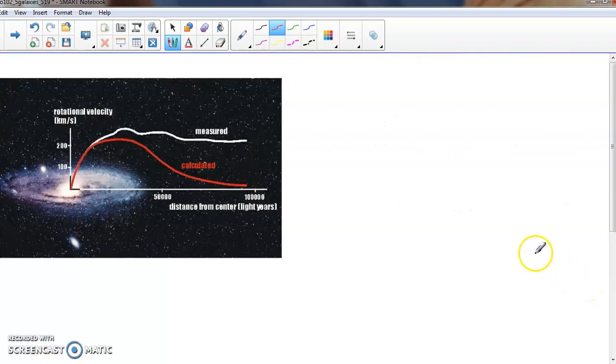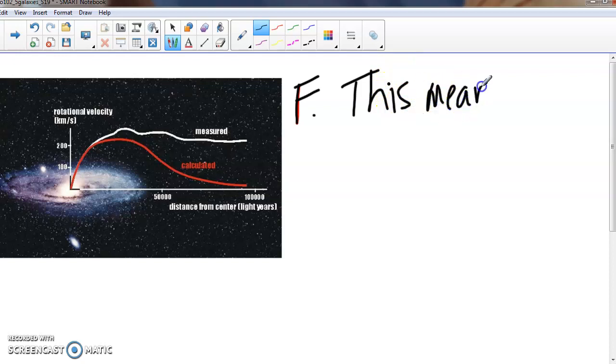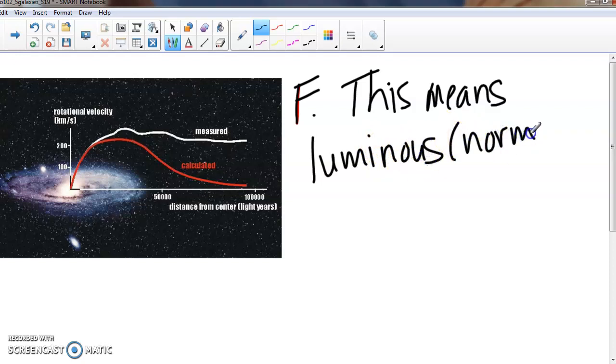Okay. So let's sort of finish out these ideas before we have a break for a video and a quiz. Back to black here. So what does this mean? We see these curves that don't go down like we expect. This means that the stars, the luminous things that shine, that have luminosity, normal star matter, and gas.